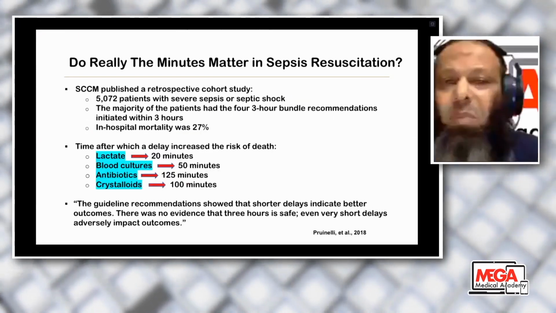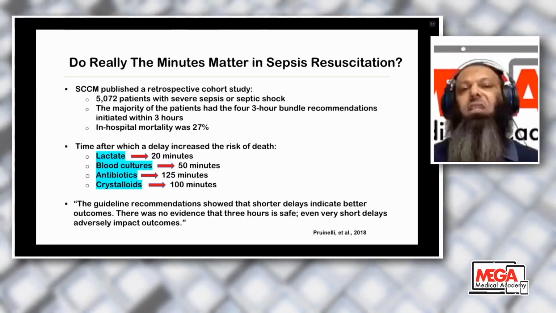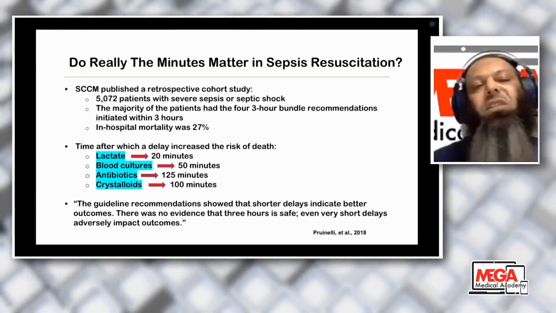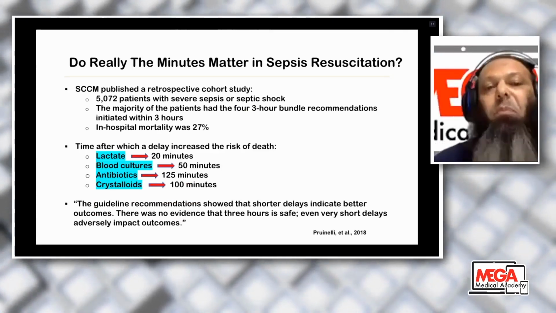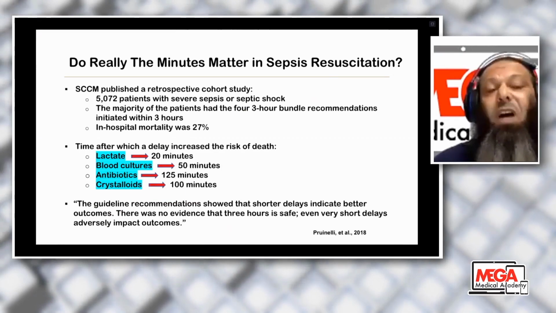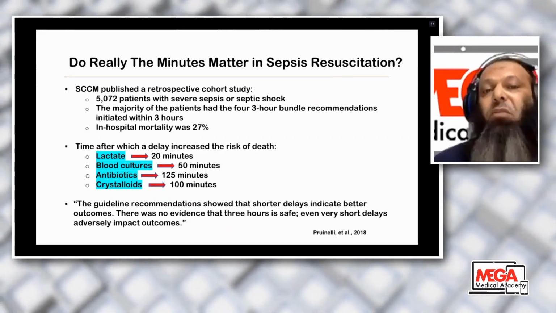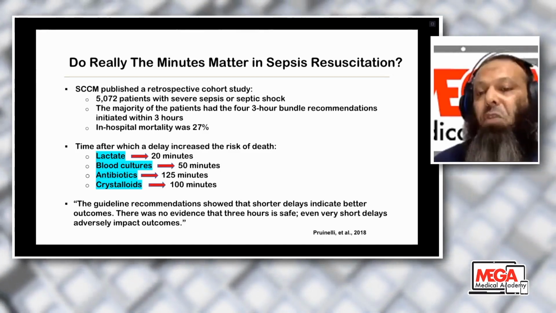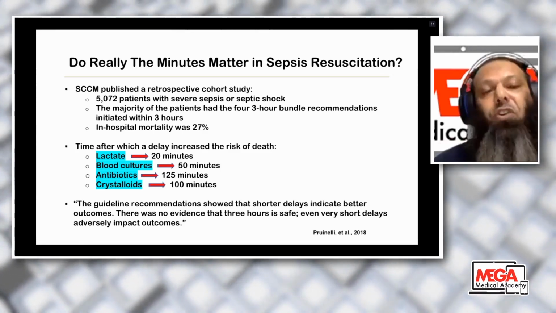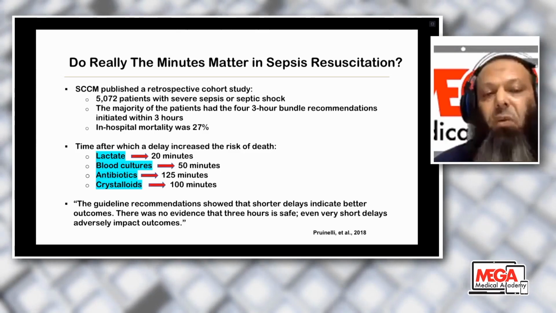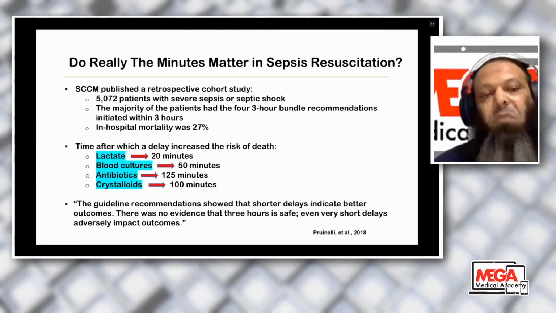Do the minutes really matter in sepsis resuscitation? Is it really important? To answer this question, the Society of Critical Care Medicine published a retrospective cohort study of about 5,000 patients in severe sepsis and septic shock. The majority of patients had the 3 hour bundle recommendation, the previous version, initiated within 3 hours before 2016.